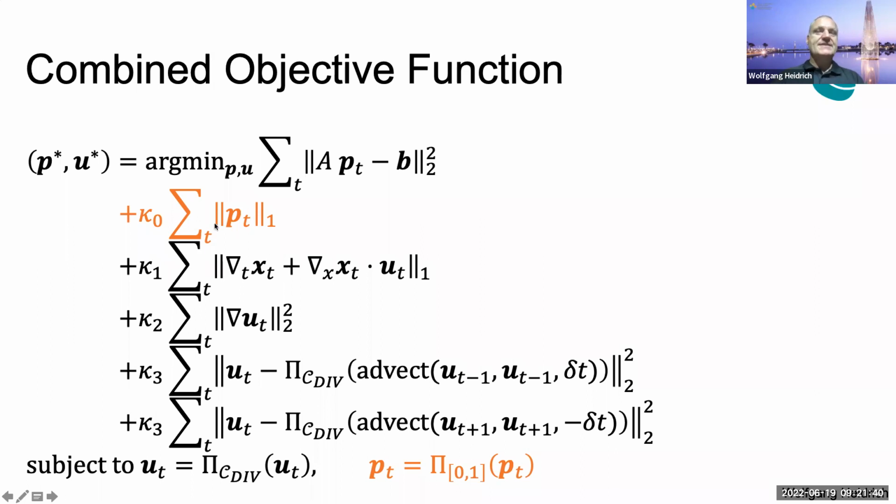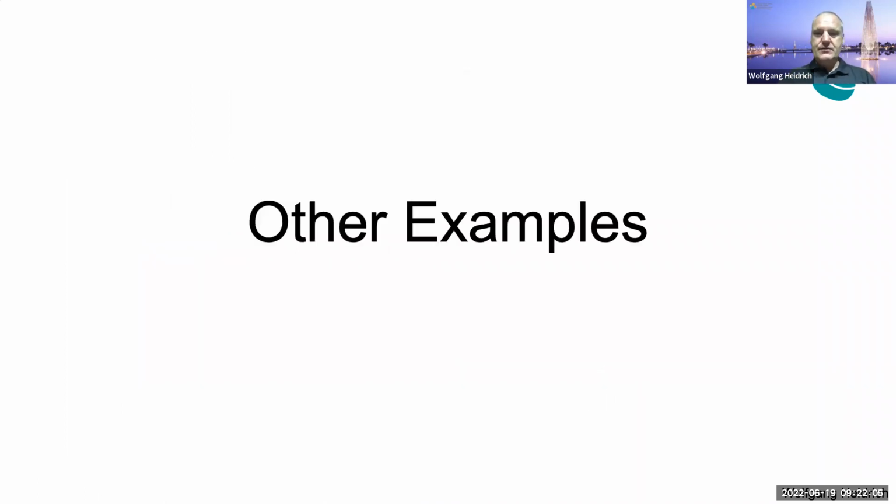One says that the particles are sparse in the volume, so the volume occupancy probabilities should be sparse. The second is that they're really probabilities, so they should be between 0 and 1. That's a convex projection also, so it all fits nicely into a convex optimization framework.